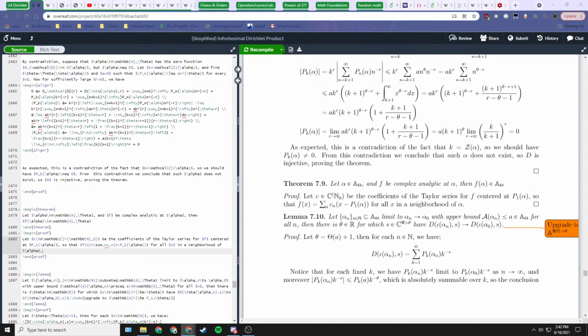Let me double check on this, because essentially we just want to prove a number bound. Oh, this is very specific, isn't it?